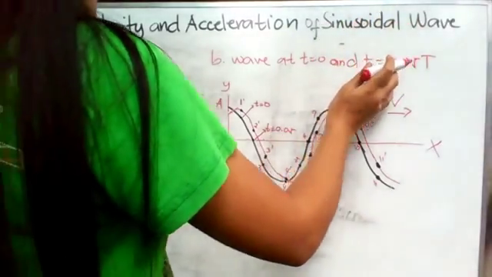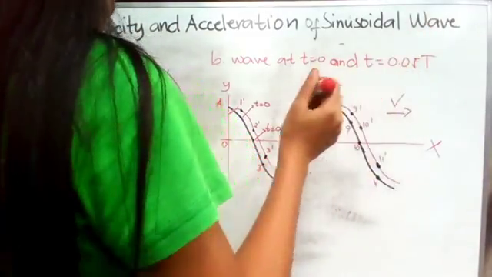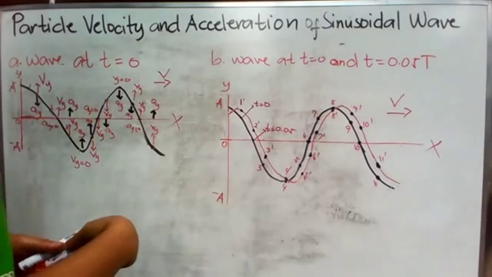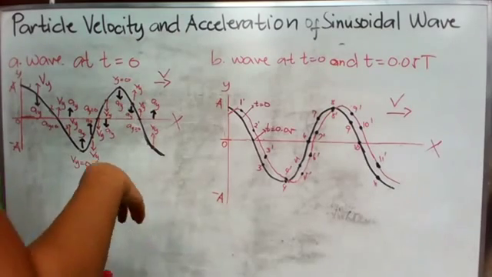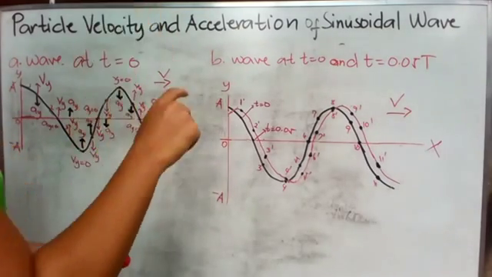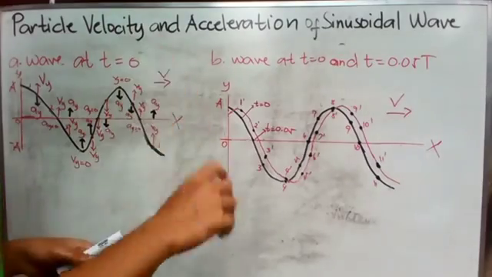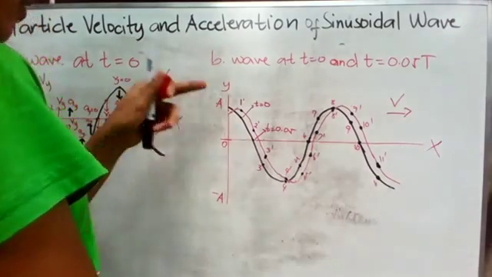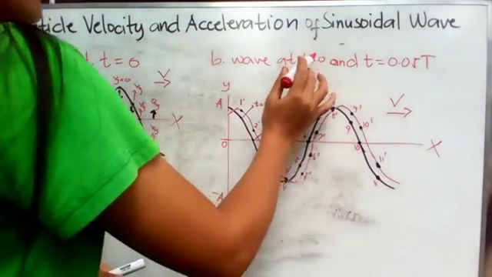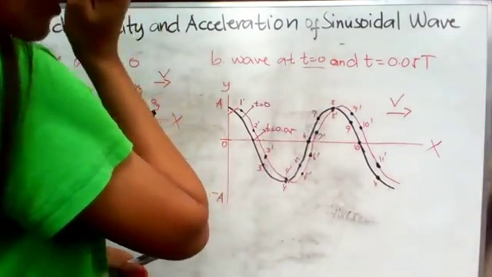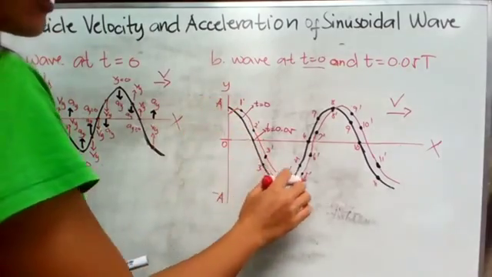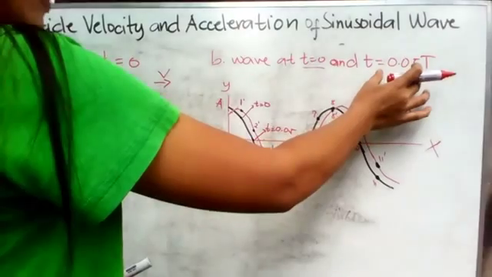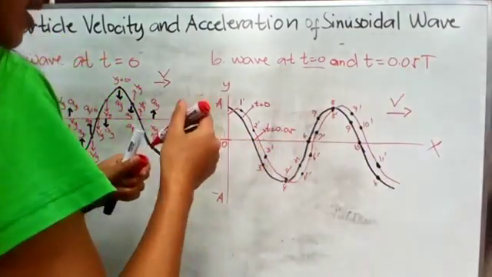At time 0.05, what will be the position of the particle? The particle is not traveling along the string, but the direction of the particle's movement will be up and down. The black graph is the original, set at time equal to 0, and the red graph will be after time 0.05 has passed.